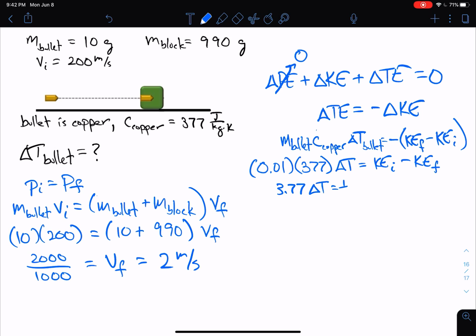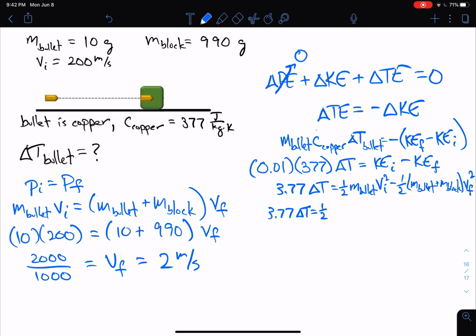So this becomes 1/2 times the mass of the bullet, its initial speed squared, minus 1/2 times the mass of the bullet plus the mass of the block, times V final squared. So 3.77 delta T equals that.